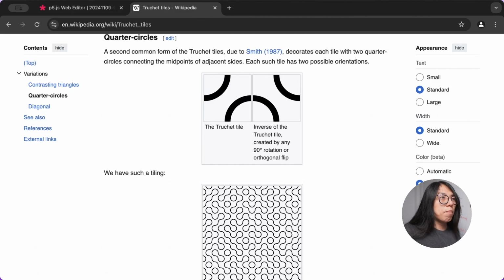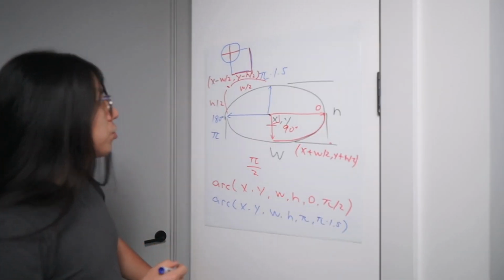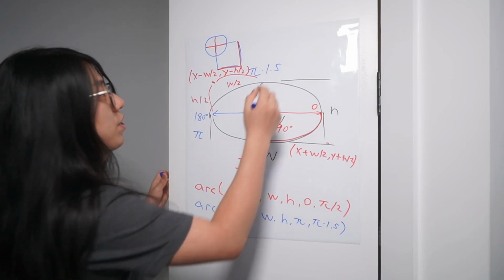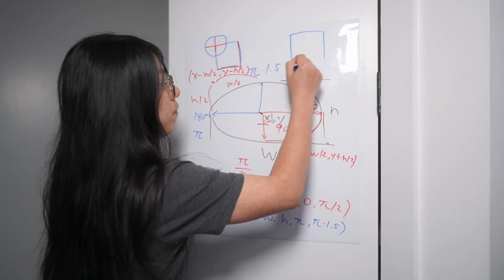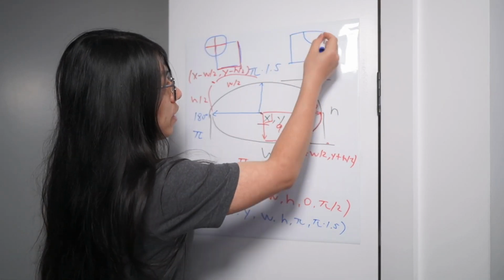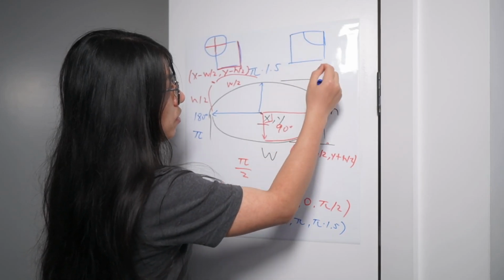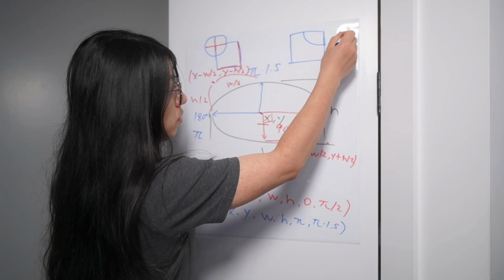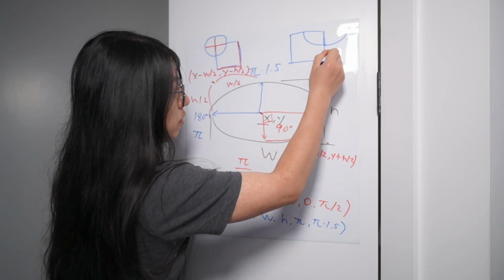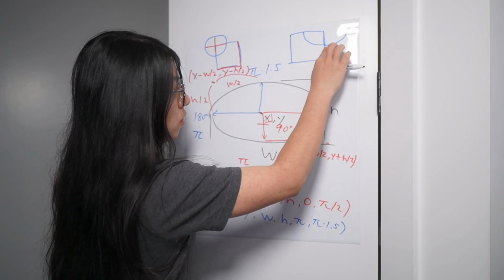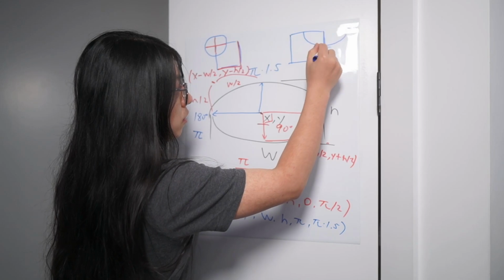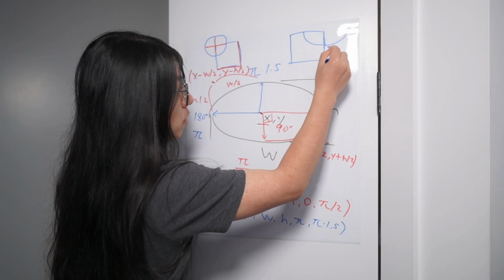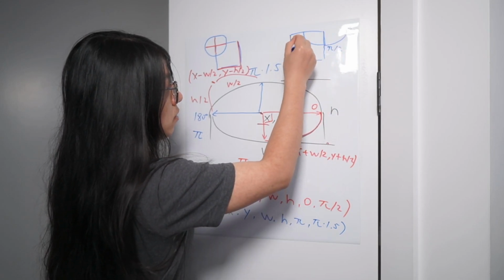So again, let's get back to the whiteboard. For this second version, the angle really starts at half pi, because this is 0, this is half pi, or I guess it's a lot easier if we write pi divided by 2, and that is pi.